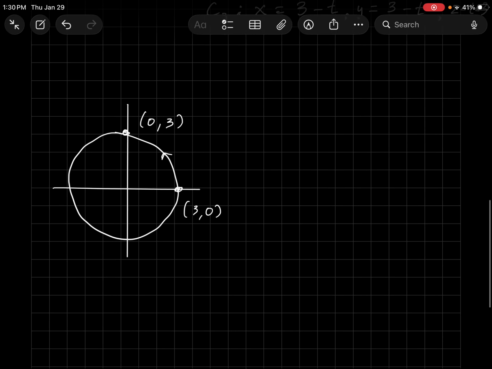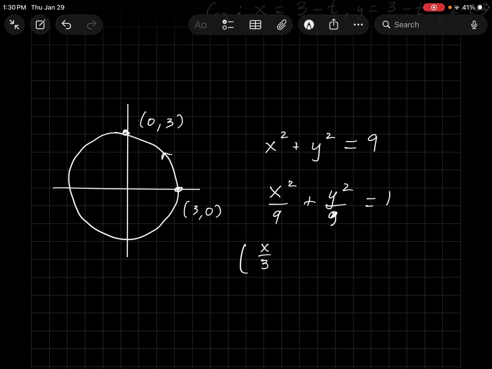So, one more. What if we have a circle whose radius is 3? When the radius is 1, we just do x as cosine, y as sine. But how about this one? Well, it's pretty easy. If I divide everything by 9 and rewrite this slightly, x over 3 squared plus y over 3 squared equals 1.